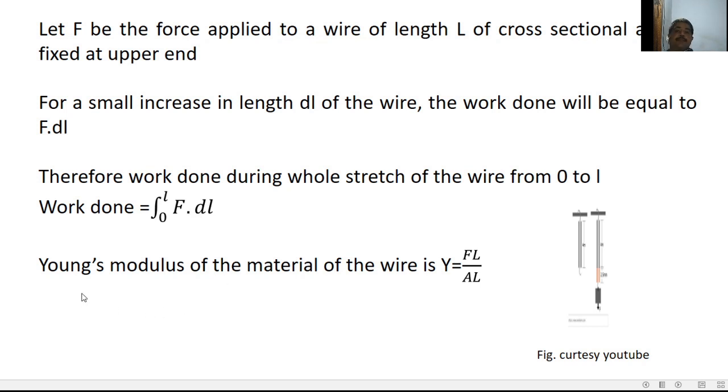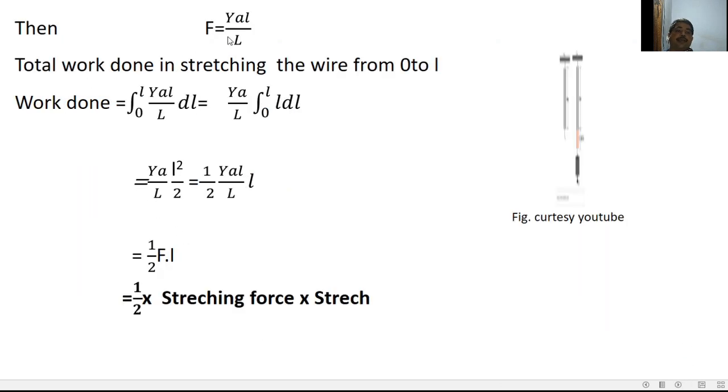From the definition of Young modulus, the Young modulus of the material of the wire is given by Y is equal to FL by A l. Then F is equal to YAl by L. The total work done in stretching the wire is from 0 to l. In place of F, we can replace YAl by L into dl. The integration of l is l square by 2.